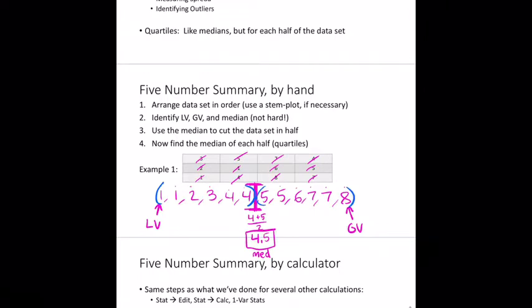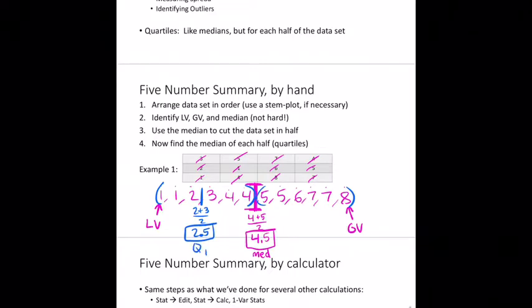Now what you want to do is take that first half of the data and find the middle. Well, the middle would be 2 plus 3, right here in between these two. 2 plus 3 divided by 2, so 5 divided by 2, which is 2.5. And that is your Q1.